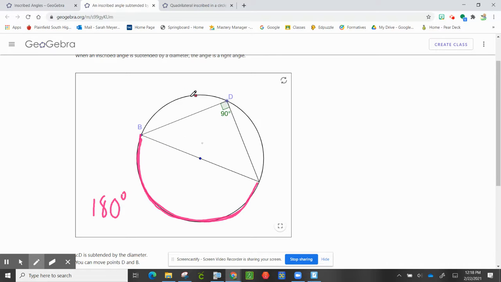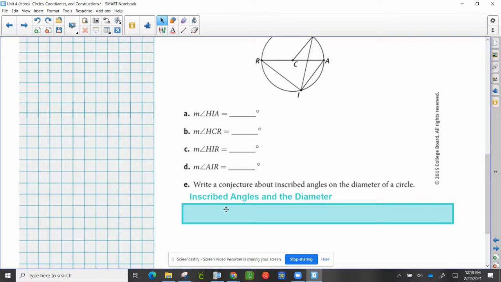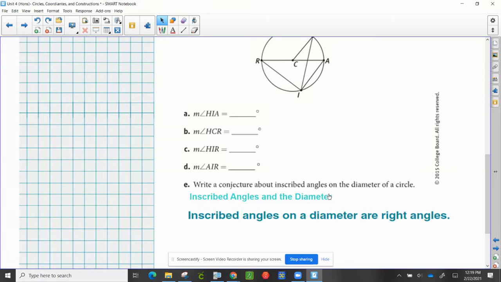So it makes sense that our inscribed angle here is 90. And again, it doesn't matter how we change this problem. Anytime we have an inscribed angle opening up to a diameter, it's always going to be a right angle. Okay. So that's this conjecture down here: inscribed angles on a diameter are right angles. So that inscribed angle will always equal 90 degrees.